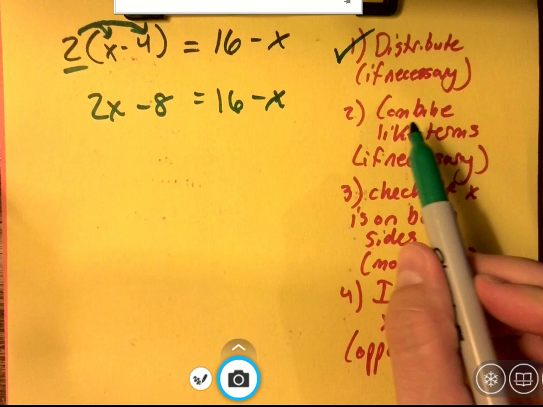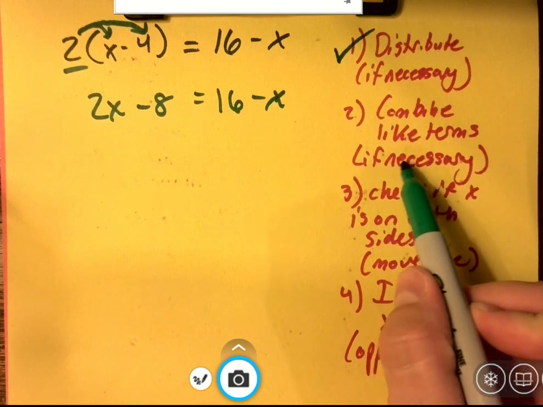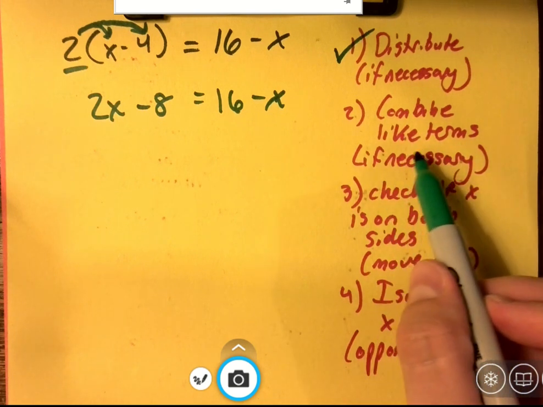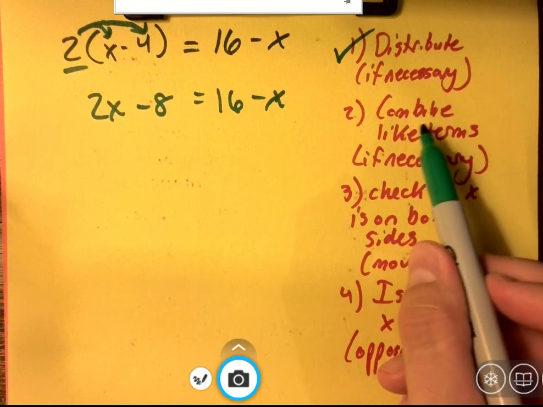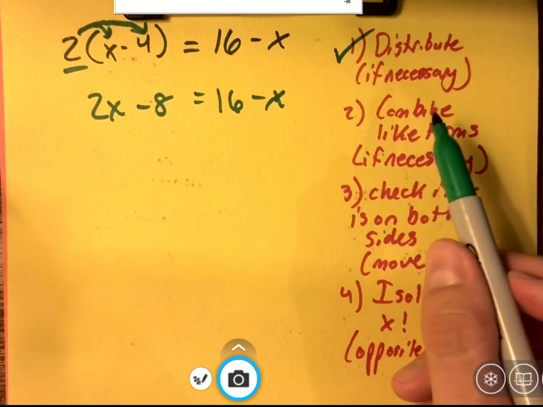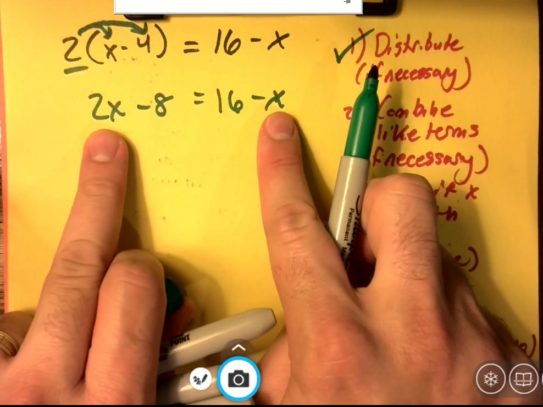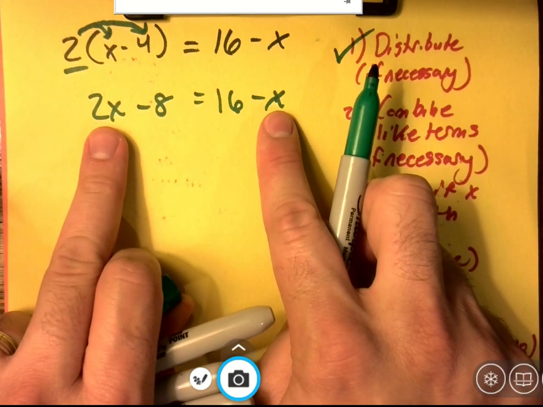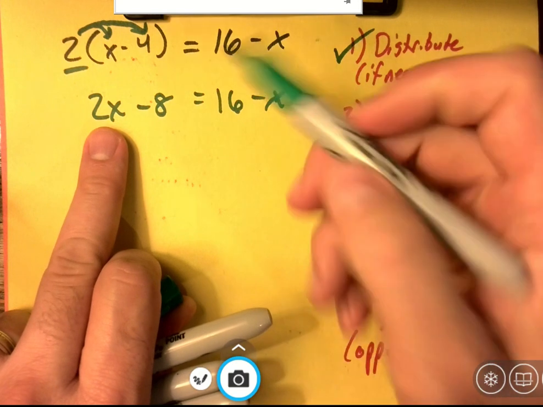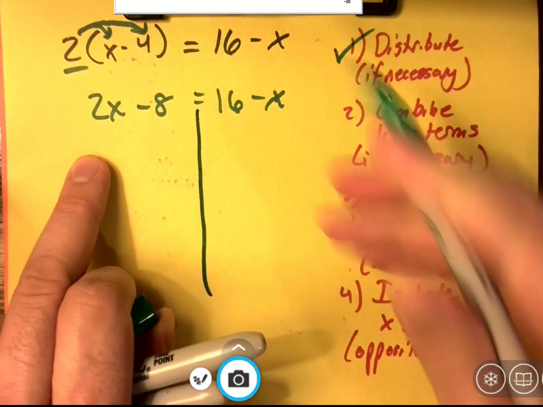The second step is combine like terms, and notice it says if necessary. Now this is very important, and something that has to be said about combining like terms, because this is where some kids will mess up. We cannot combine these 2x and negative x even though they are like terms, and the reason we can't combine them is because they're on opposite sides of this equal sign.